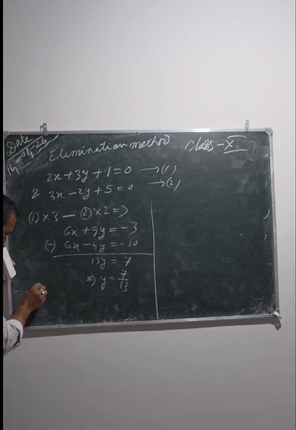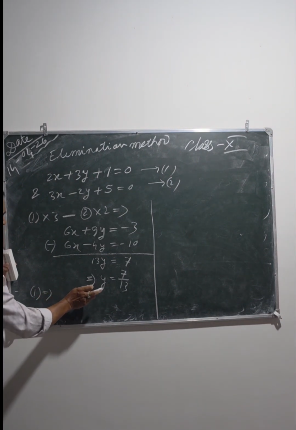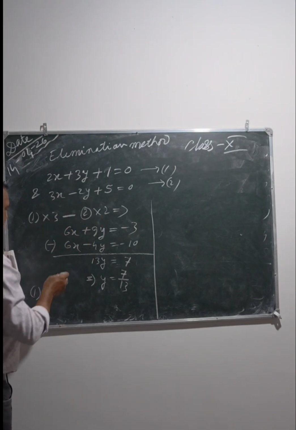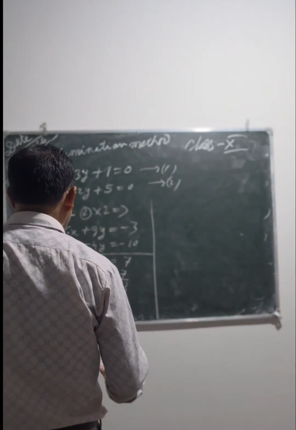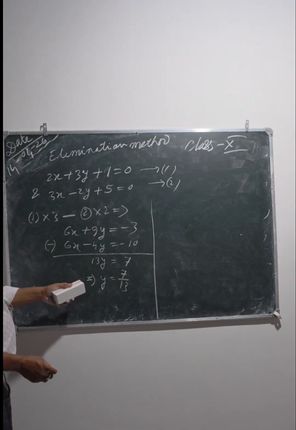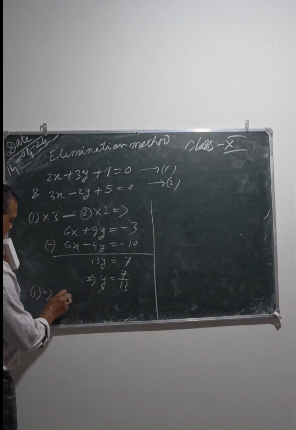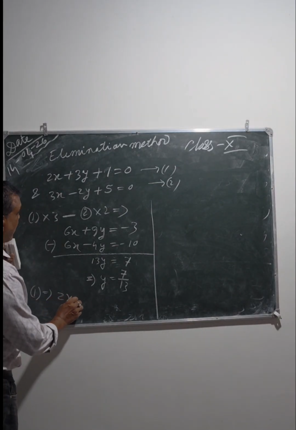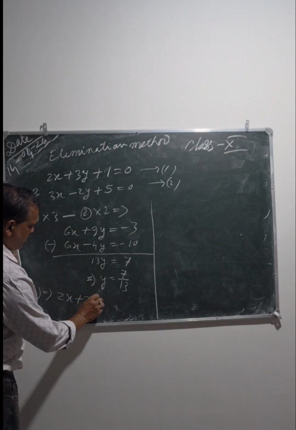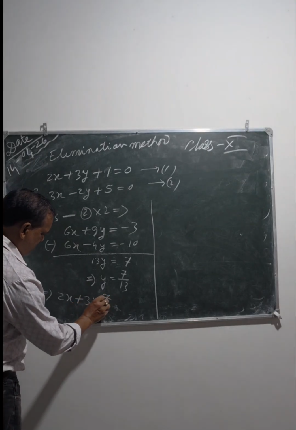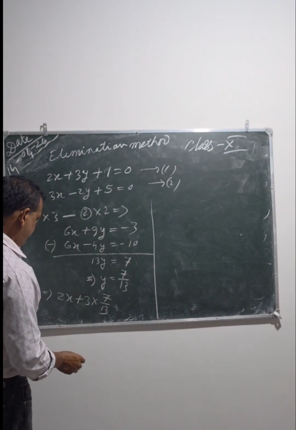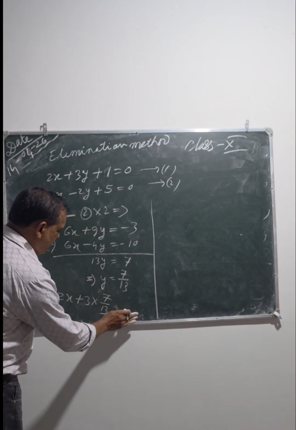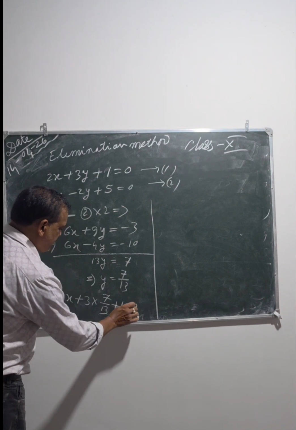Then if we substitute the value of y in equation 1, then it will be twice x plus 3y. Y means 7 by 13. And on the right side, 1 is given here, so plus 1 equal to 0.